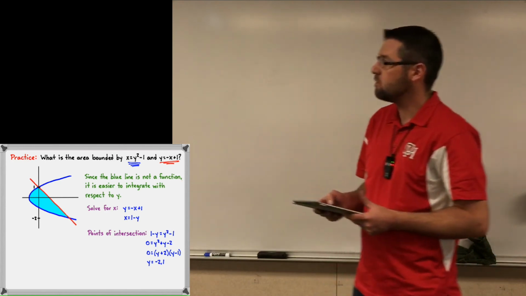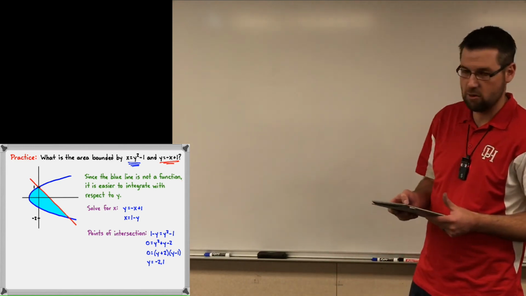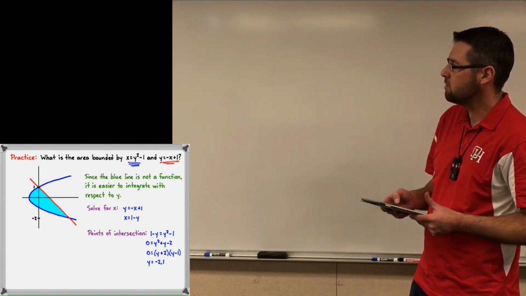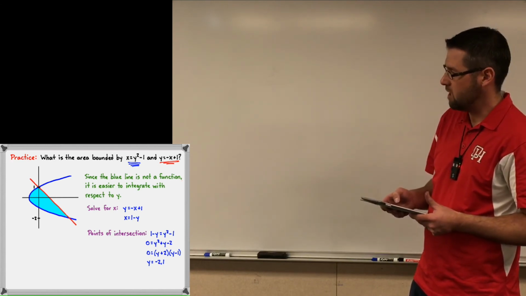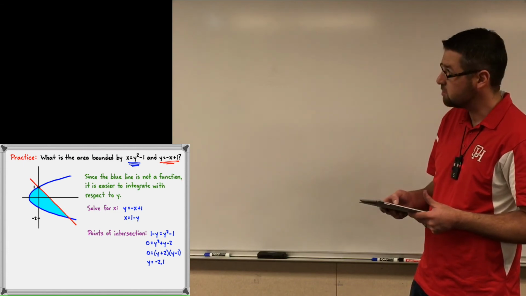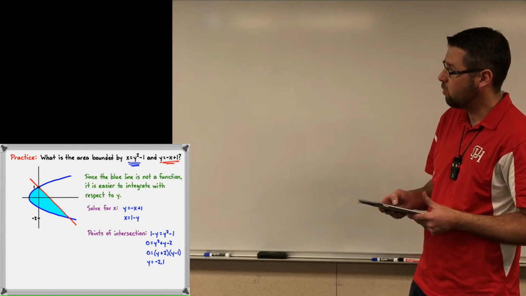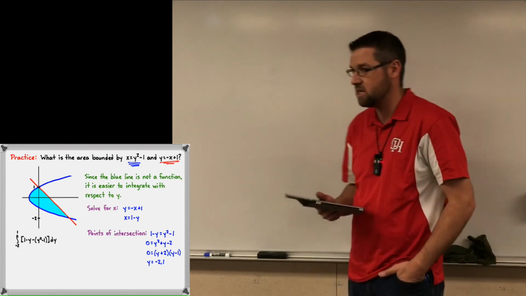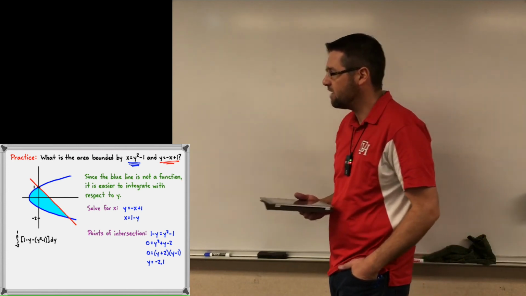So now what's my equation? The integral from negative 2 to 1 of the upper function, 1 minus y, in parentheses, and then minus the lower function, which is y squared minus 1. And again, make sure you got parentheses, especially around that second thing, because you have a sum. And then dy.